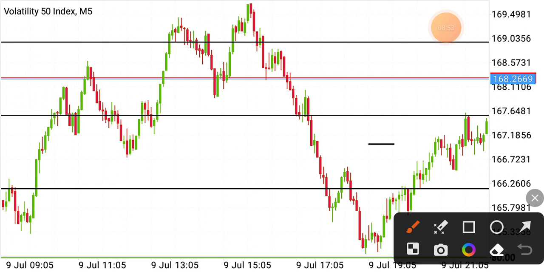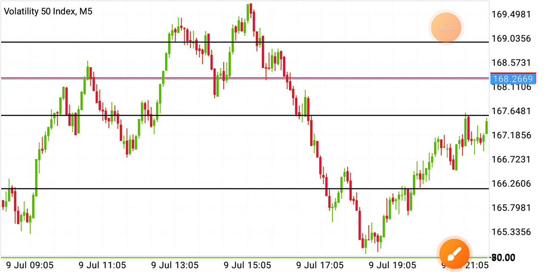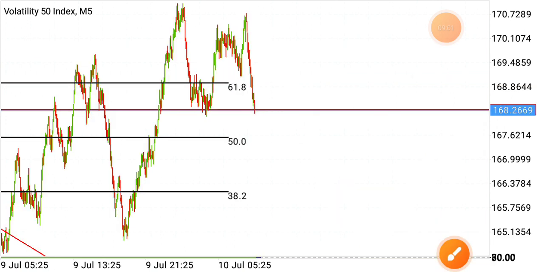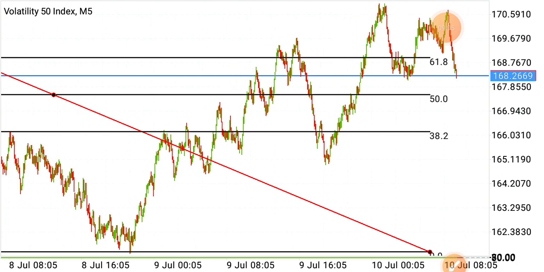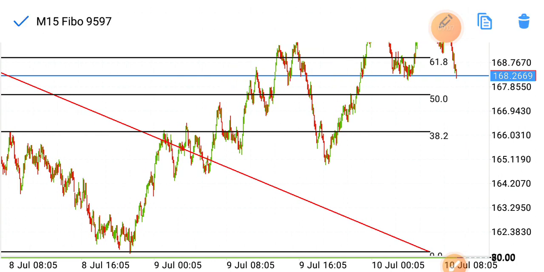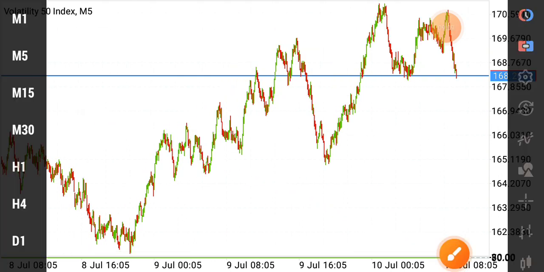So on getting to this point, I also had to draw my Fibonacci tool. Mind you, all this while I'm using the Fibonacci tool to draw. So when the market got to this point, see what I did.